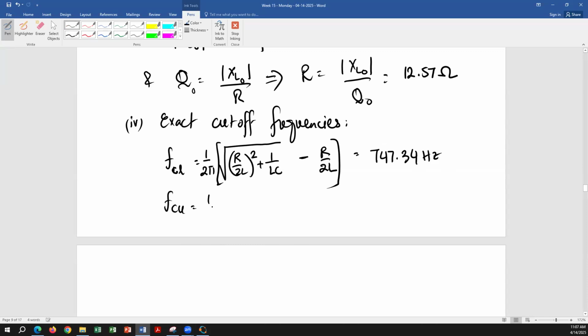And the upper cutoff frequency is the same formula, except you use plus R over 2L, which gives 847.34. So again, the difference you can see is 100 hertz, which is the bandwidth.